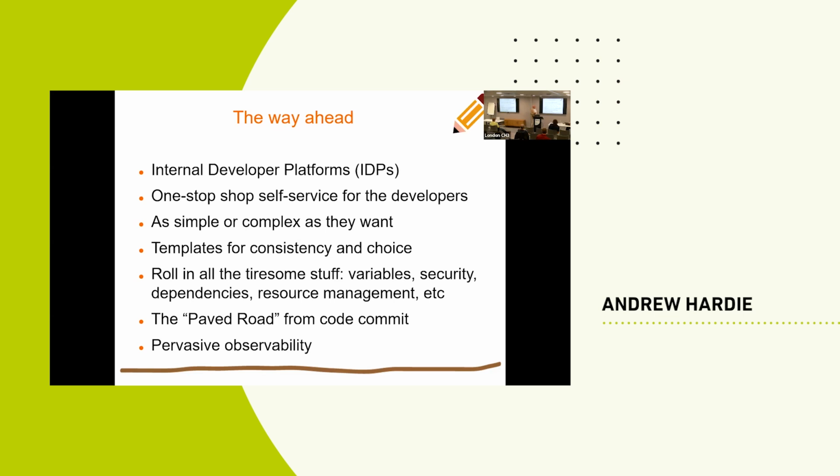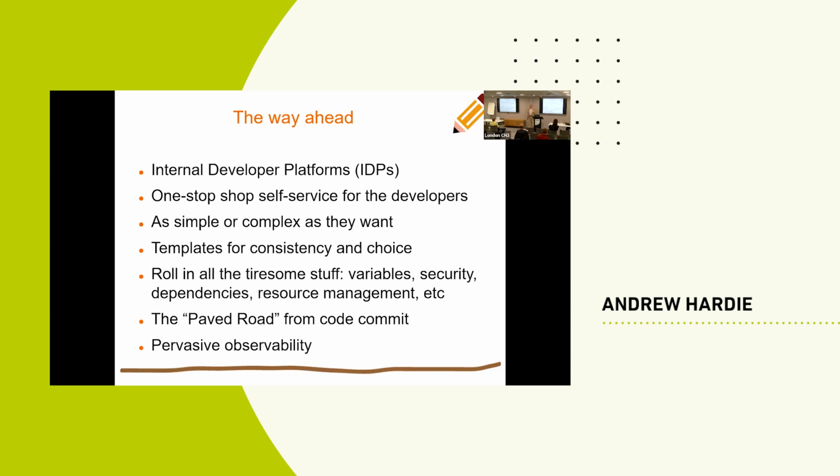And you can fill it with templates. So you choose, I want this kind of build and deploy or that kind of build and deploy. They're not making it up as they go along. This gives you much better consistency and of course helps with security because you have deterministic architectures and connections that you can apply defined security to. And it rolls in, hopefully, all the tiresome stuff. Variables.